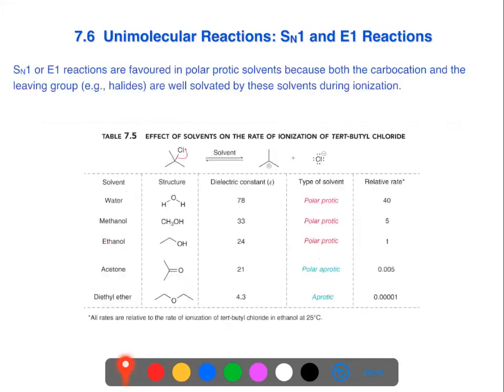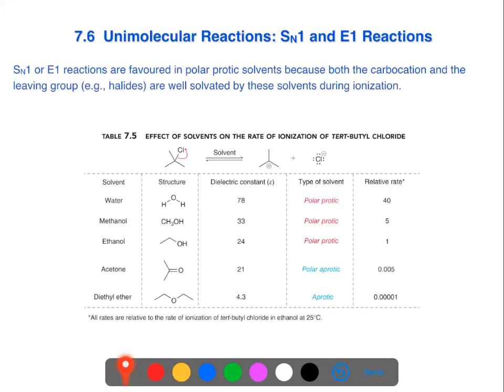Now that leads us to a discussion on the role that solvent can play in terms of stabilizing our intermediate species. What we observe experimentally is that SN1 and E1 reactions are favored in polar protic solvents. It's because both the carbocation and the leaving group, in our last example the halide, are well solvated by these solvents during that ionization process.